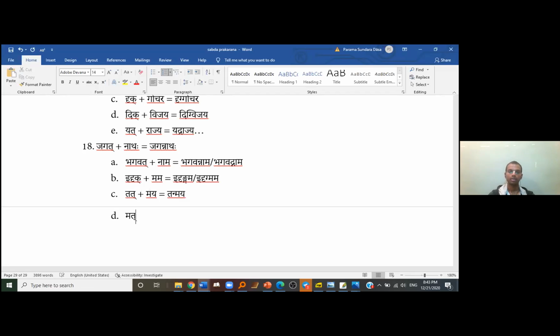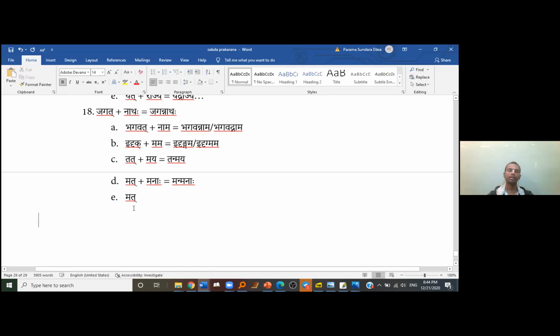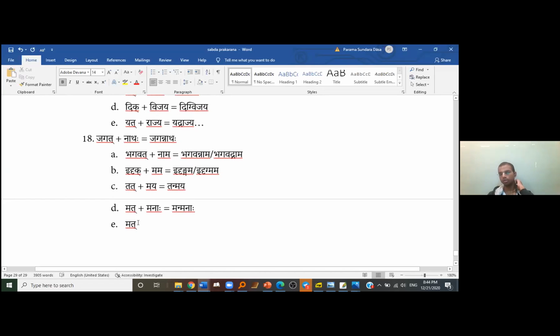And Mat Manah becomes Man Manah Bhava Mad Bhakto. Mad Bhakto is an example of viṣṇu-dāso, viṣṇu-padānte, hari-ghoṣe cha, hari-gadā. Because Mad Bhaktaha becomes Mad Bhaktaha.